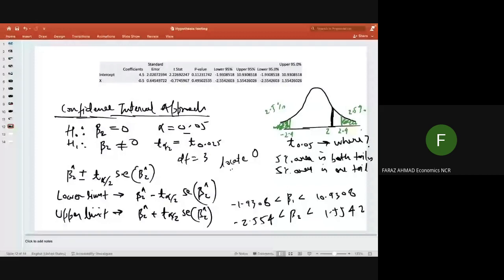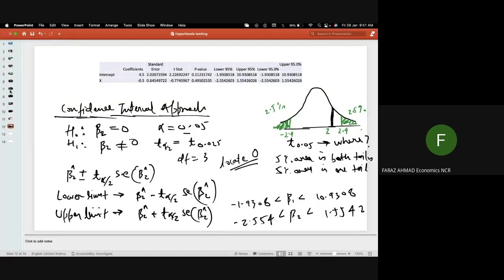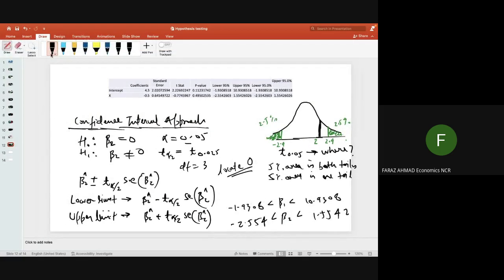If zero lies in the confidence interval, don't reject the null. Simple rule, right?